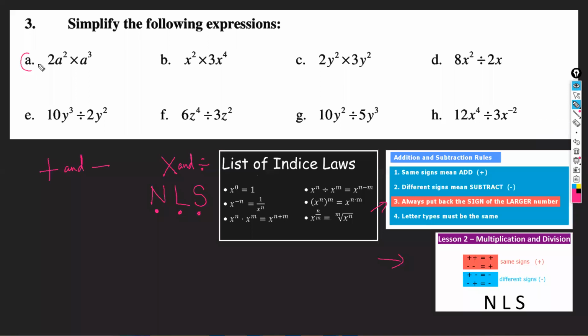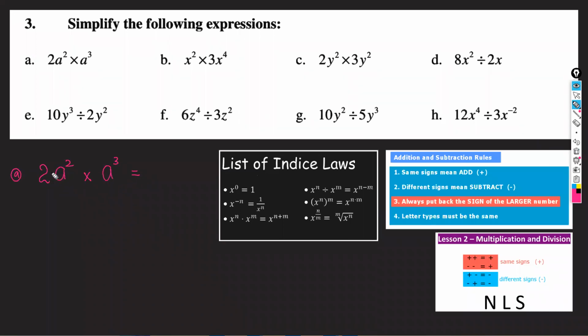The first question here is a multiplication question. So we're paying attention to the multiplication rules. Do not mix it up with addition and subtraction. So in part A, when we have 2a squared multiplied by a to the power 3.